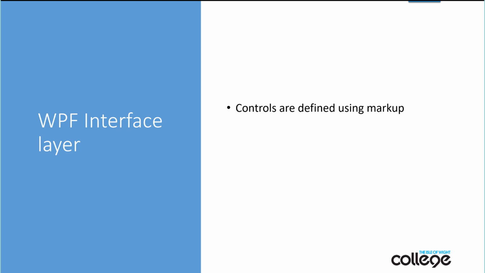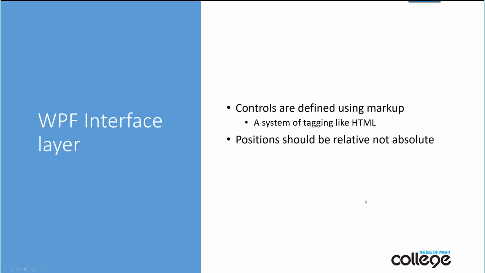Now markup languages should make you think of HTML because they use a system of tagging, and the main advantage is that they use positioning which is relative and not absolute. So what I mean by that is it's almost like a percentage of the whole screen away from the left-hand side and the top and the bottom and so forth, rather than saying that this text box's top left-hand corner will be at position 50 by 19.